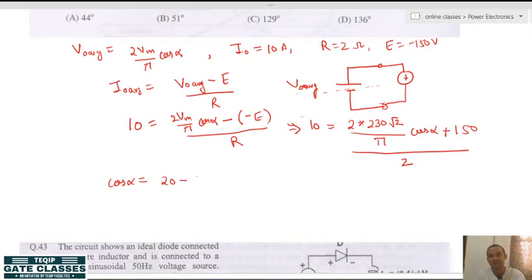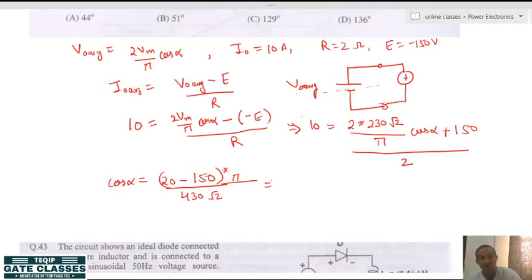You will get cos alpha equals 20 minus 150, into pi, divided by 430 root 2. I have a calculator with me, let me calculate. So, it will be minus 130 into pi divided by 430 root 2, alright, and then take the cos inverse.